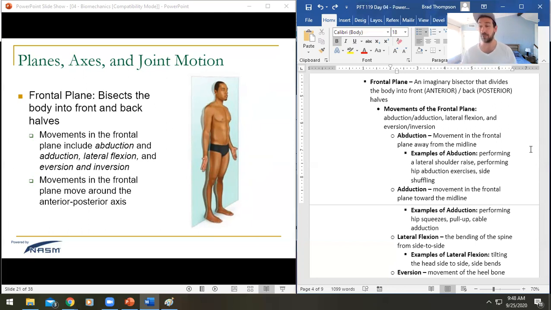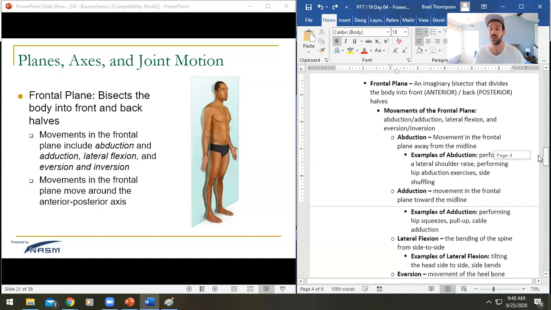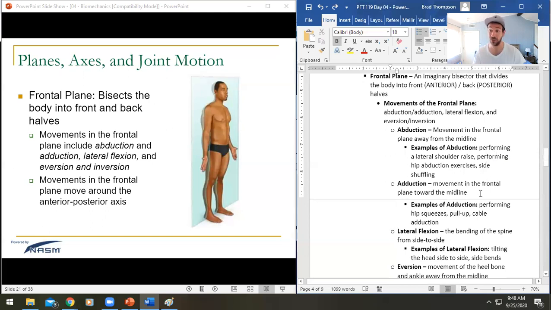And then there's also a couple of special ones here. There's lateral flexion. Now this is actually my favorite term, just because it's a real rule breaker and it's kind of fun. Lateral flexion doesn't have an opposite. It's the only movement that doesn't have an opposite, right? You've got abduction, the opposite is adduction. You've got flexion, the opposite is extension.